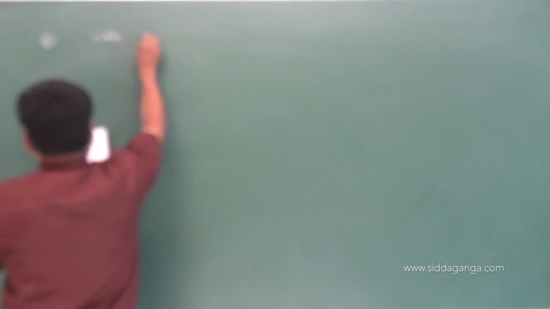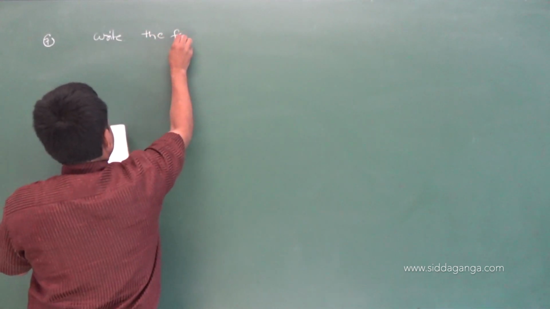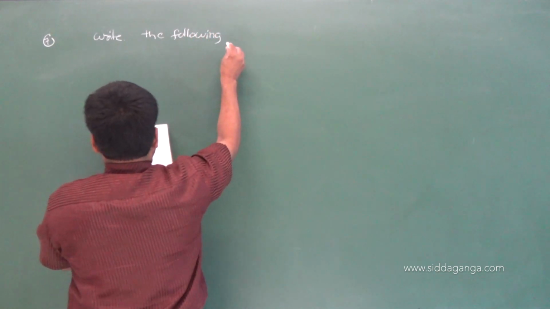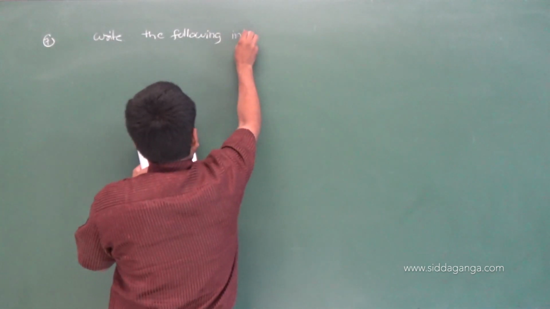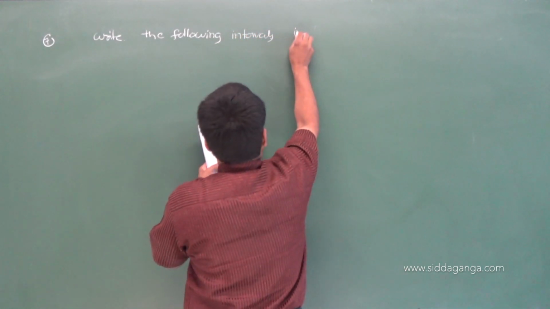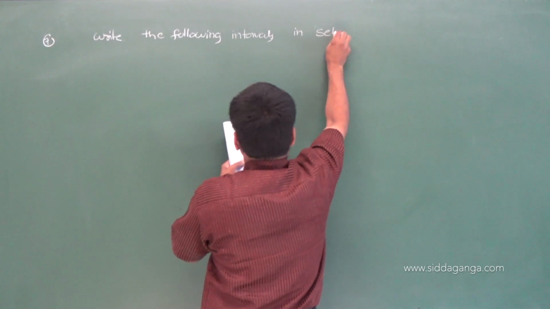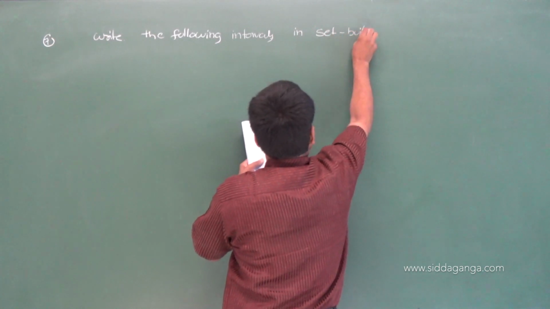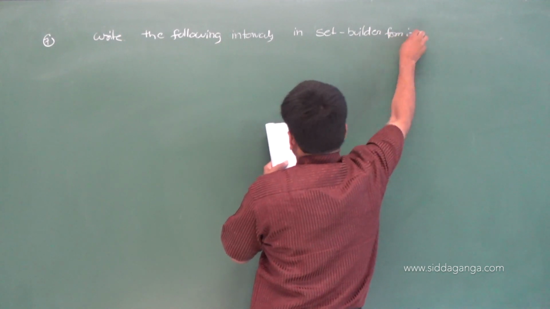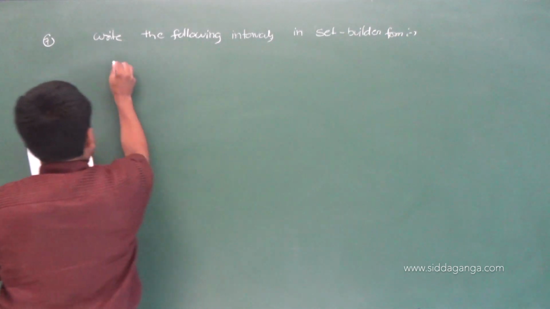Seventh main: write the following intervals in set builder form. First problem.